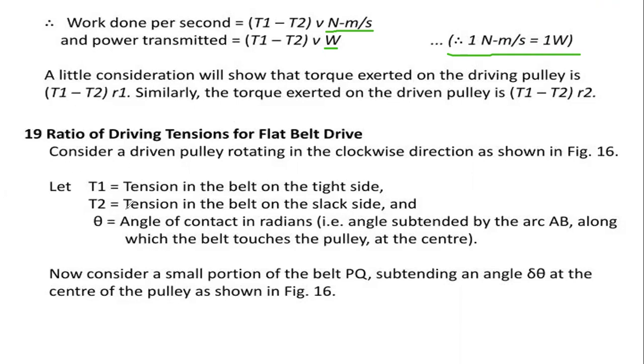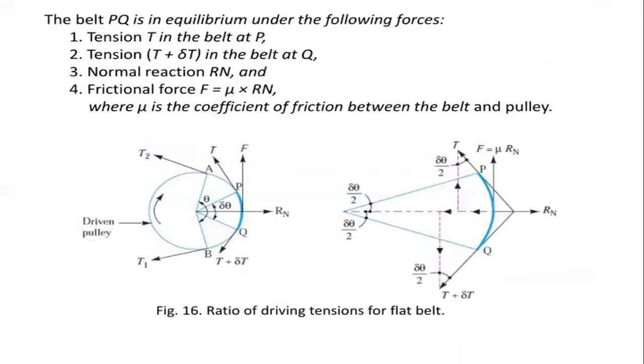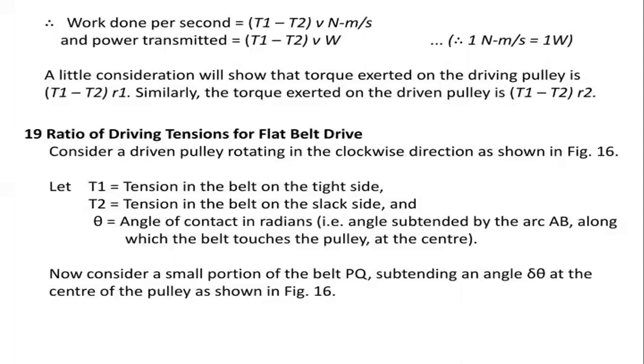So we have to consider a driven pulley rotating in the clockwise direction, as shown in the previous figure. So this is the ratio of the driving tensions for the flat belt drive.